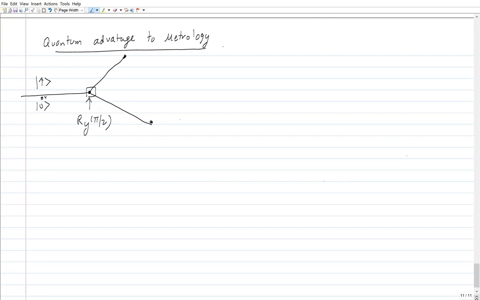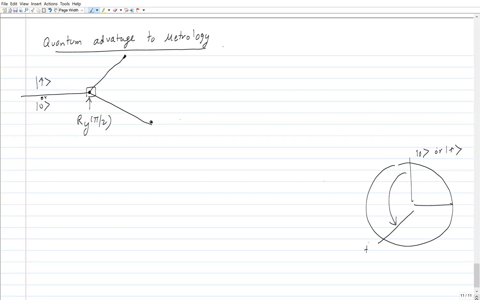So again, making the Bloch sphere, I started from here. This was the state, and I rotated it to get the plus x state over here. And these are the two arms of my interferometer, or the beam splitter, you can say.